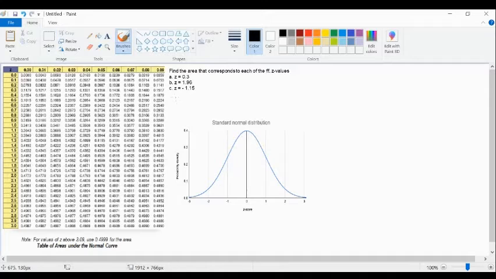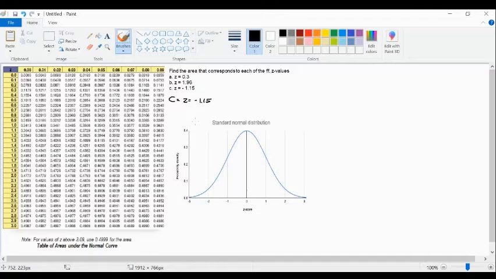Example 3 is z equal to negative 1.5. Remember, when z is negative, we can simply ignore the negative sign and proceed as before. The negative sign informs us that the region we are interested in is found on the left side of the mean, wherein areas are positive values.